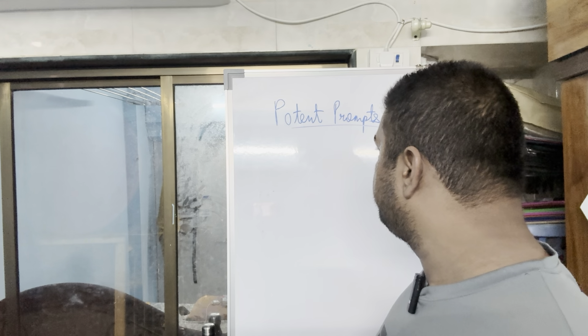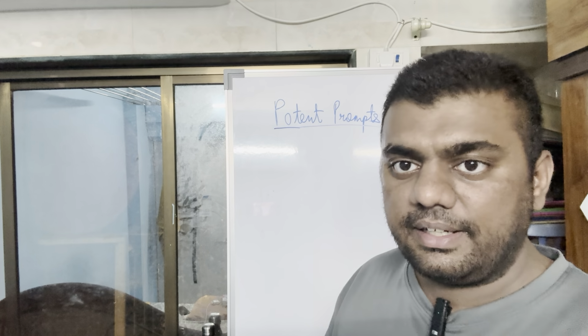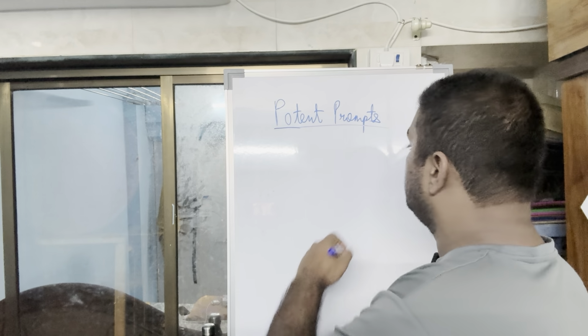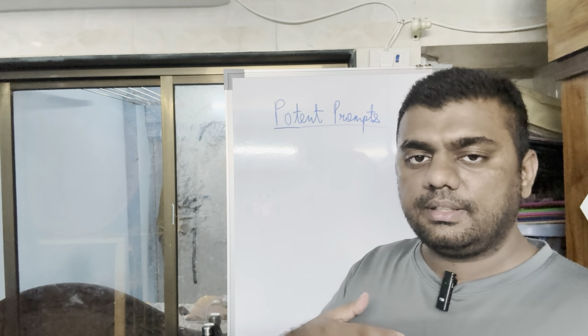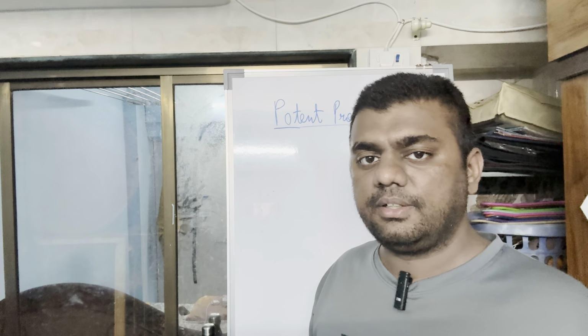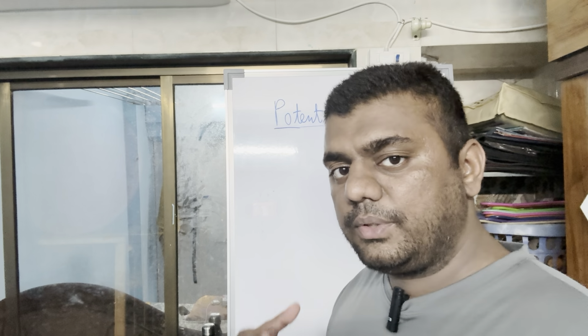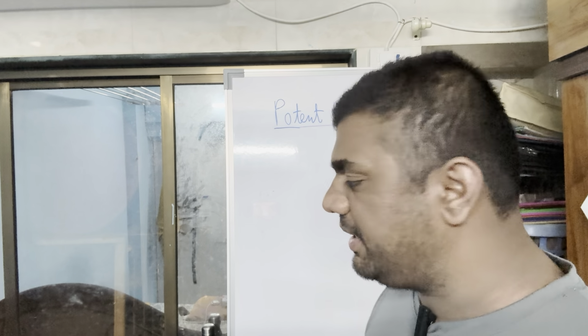So now I will explain to you, one step ahead, how using this keyword, the potent prompt, you can write the prompt, and you can copy paste it, and you can then see the result generated by ChatGPT.